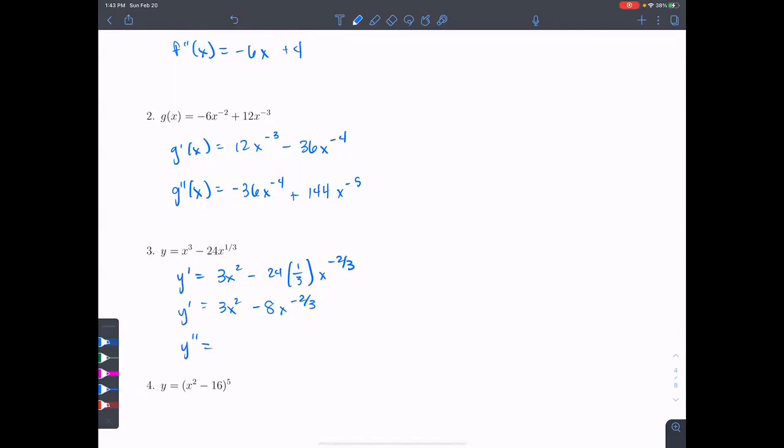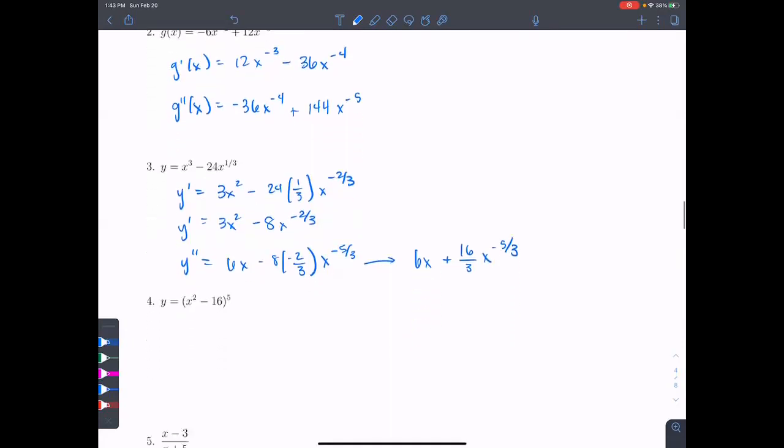Y double prime would be 6x minus 8 times the negative 2/3 times x to the negative 5/3, and then 6x plus 16 over 3 x to the negative 5/3. You don't have to simplify, actually, I know you don't. So leave it like this, that's fine. For taking a second derivative, once you have the first derivative it would be helpful to simplify it as much as you can before you take another one, because they're just going to get messier if you don't.